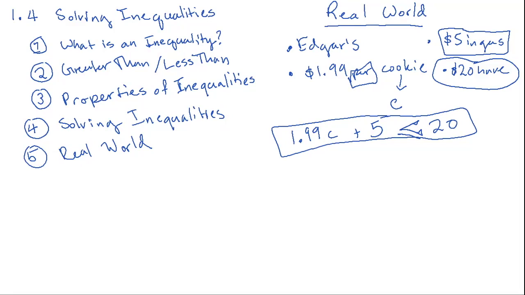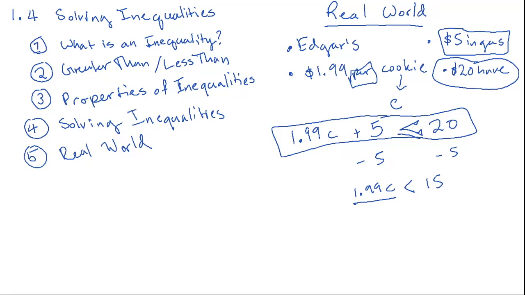All right, now let's solve it. Let's see what's the greatest amount of cookies we can get based on these parameters. So to solve, we're going to subtract 5 from both sides. Okay, and we get $1.99 times C is less than $15, right? Because after we spend $5 in gas, we'll only have 15 left.